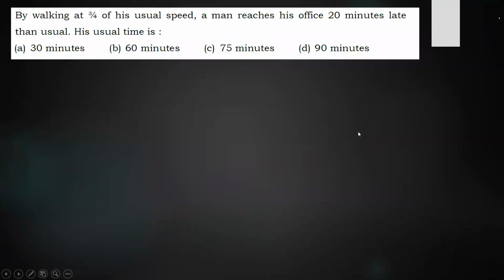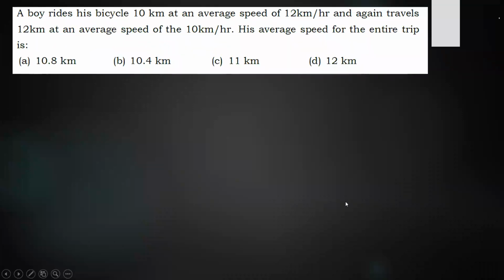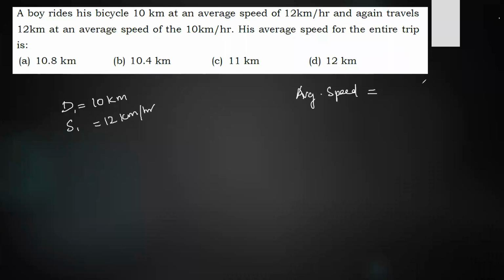For question number 11, a boy rides his bicycle 10 kilometers at an average speed of 12 kilometers per hour. So the first distance is 10 kilometers and speed is 12 kilometers per hour. The basic speed formula: speed equals distance by time, right?